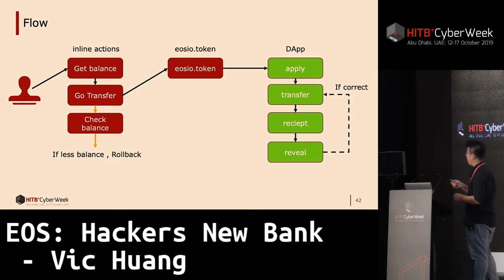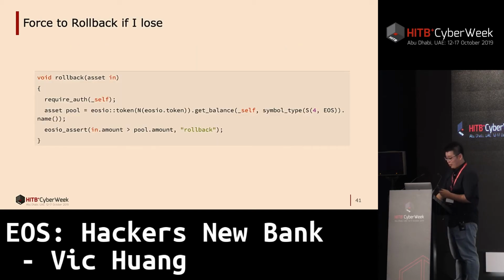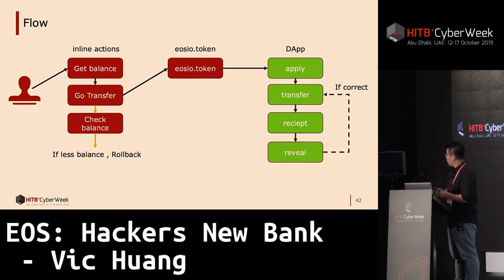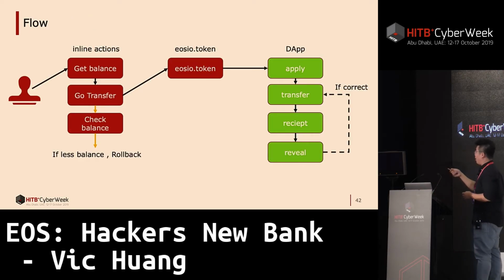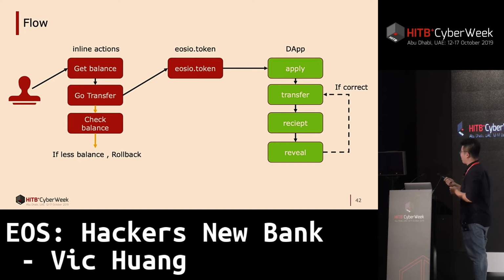But here's the thing, we mentioned the attack to force a rollback. So what we do here is send a lot of inline actions to play the game, but if we check that our balance didn't increase, we just make a rollback.